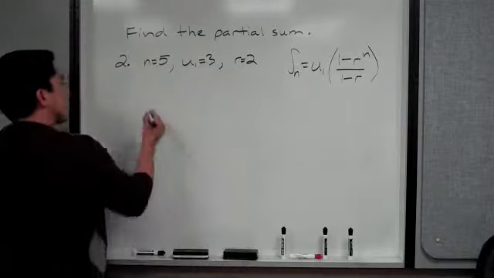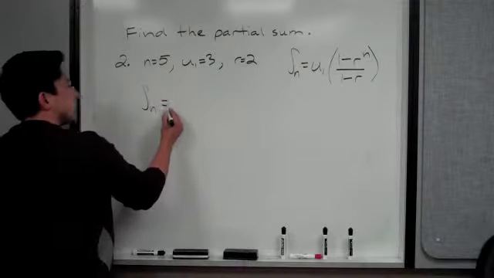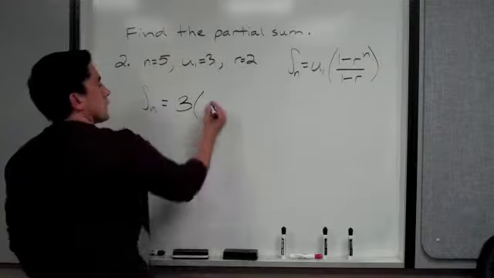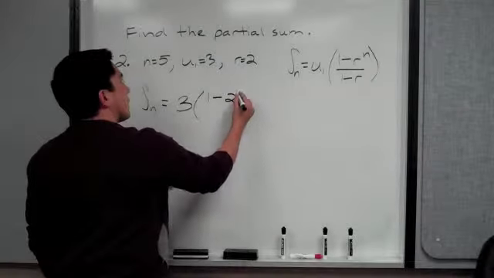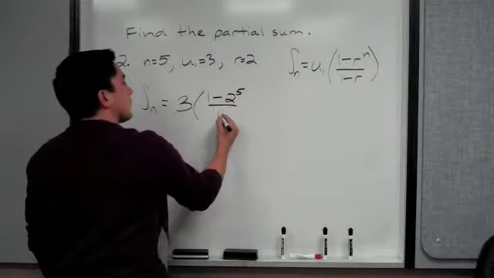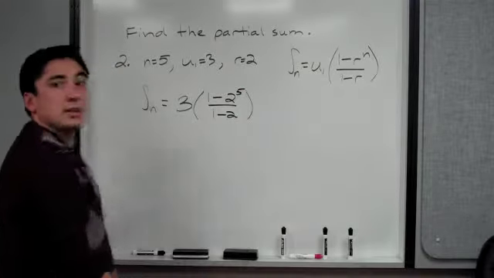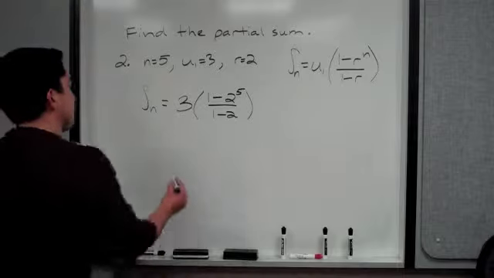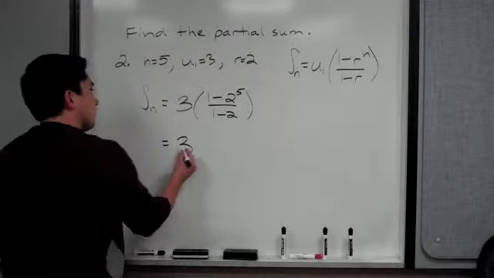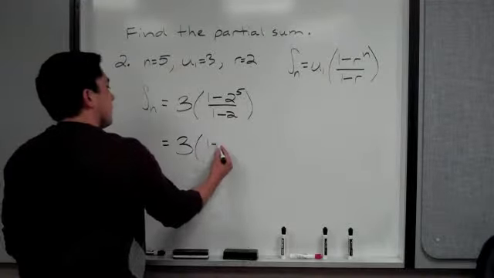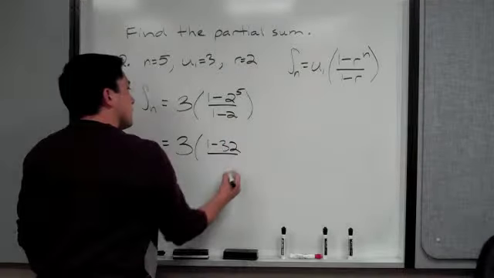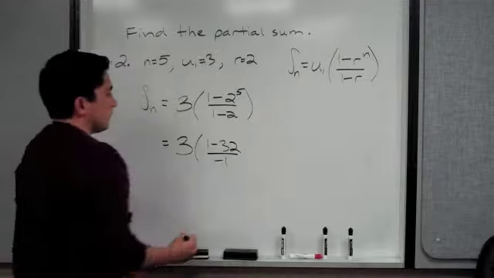Now we plug this in to find our sum. We have u sub 1, which is 3, times 1 minus r to the n over 1 minus r. We just plug exactly into the formula the variables that we know, and let's work it out from here. We have 1 minus 32 over negative 1, which is 1 minus 2.